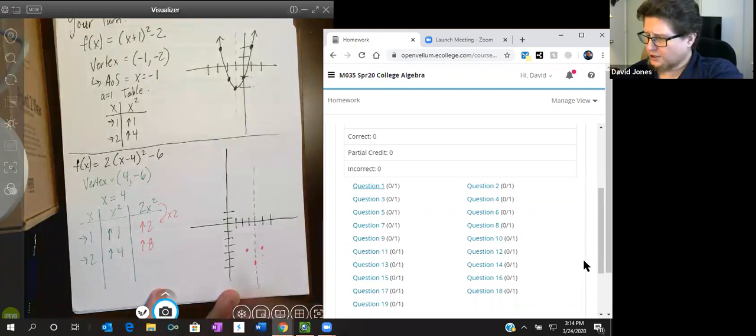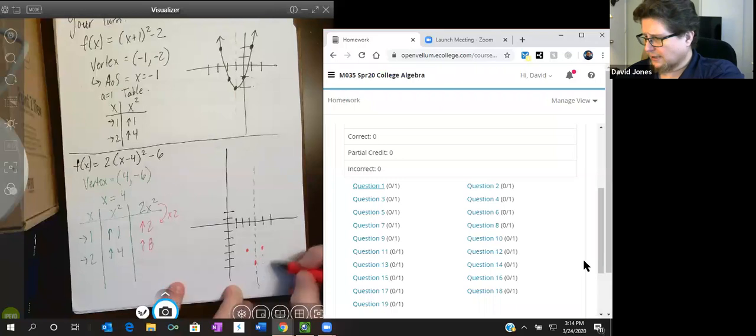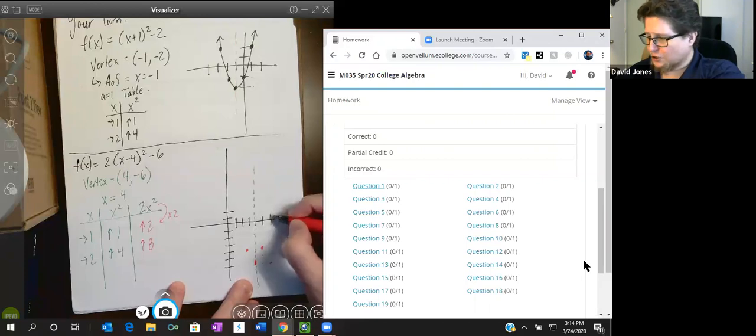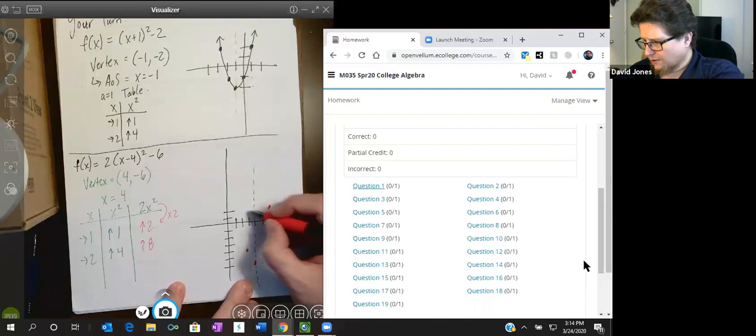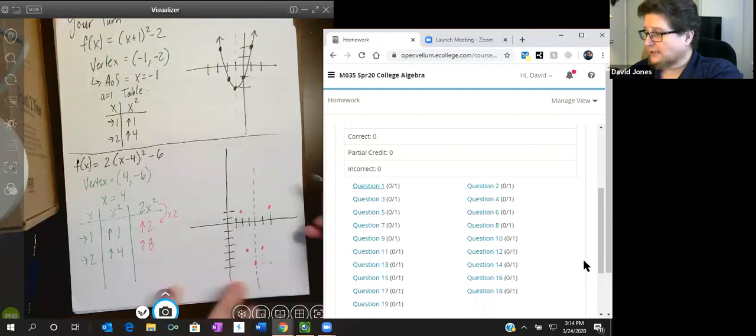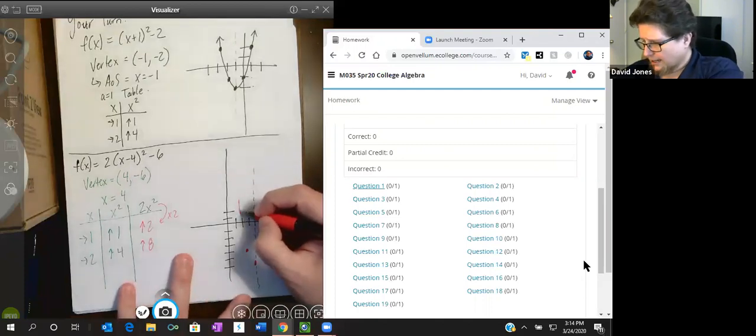And I'll go right 2 and up 8. I know I'm down 6 already, so going up to here is just adding 6 and then 2 more. And then we'll mirror that across. It's right over there. And we'll connect our dots.